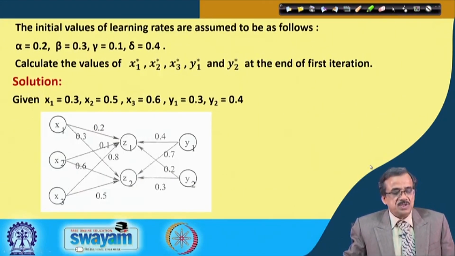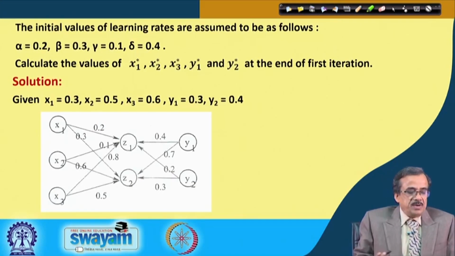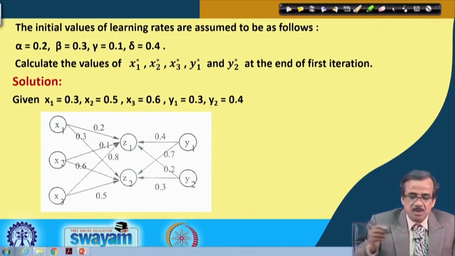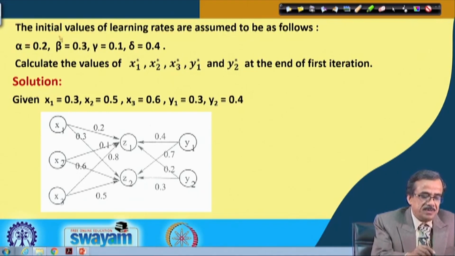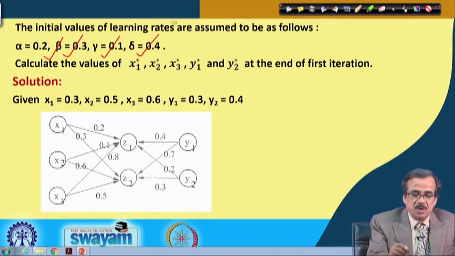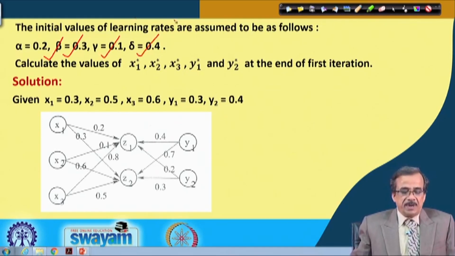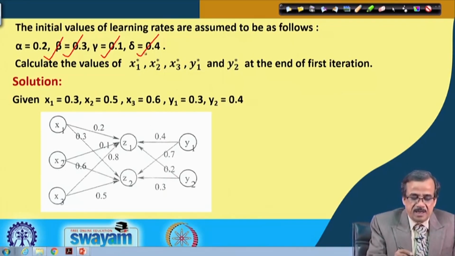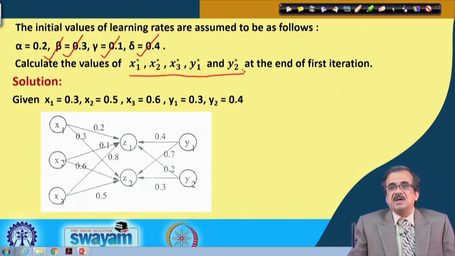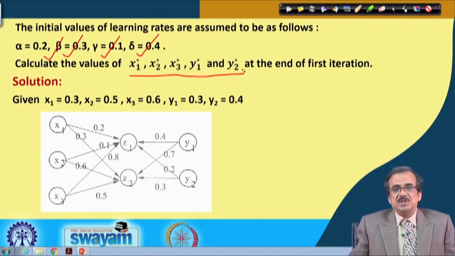Now, this shows the connecting weights, and we can assume the learning rate values are as follows. For example, alpha is this, then beta is 0.3, gamma is 0.1, delta is 0.4, and our aim is to calculate x1 star, x2 star, x3 star, then y1 star and y2 star at the end of first iteration.